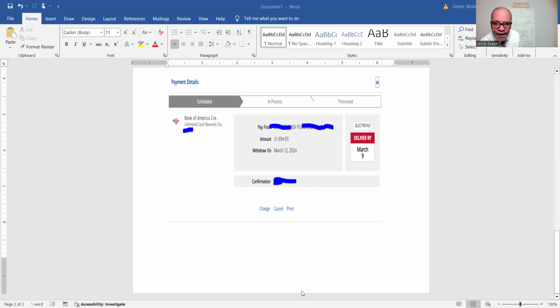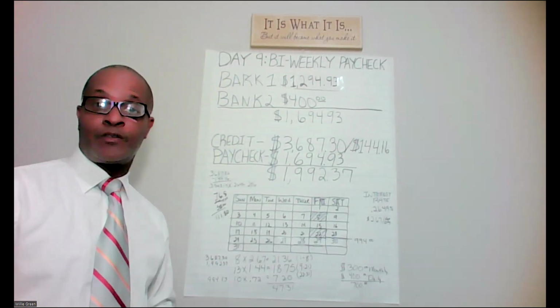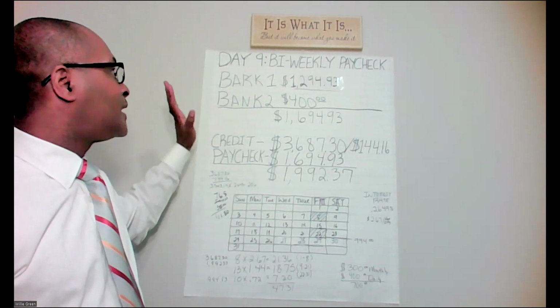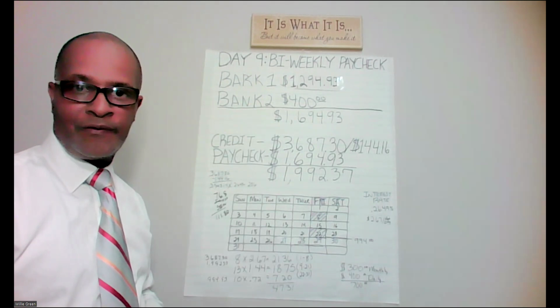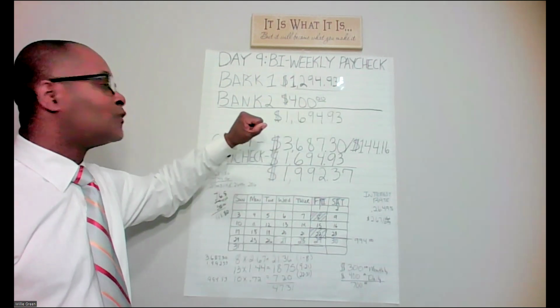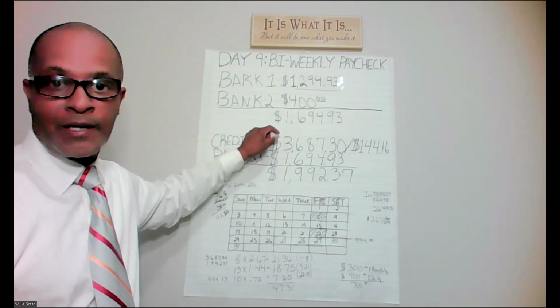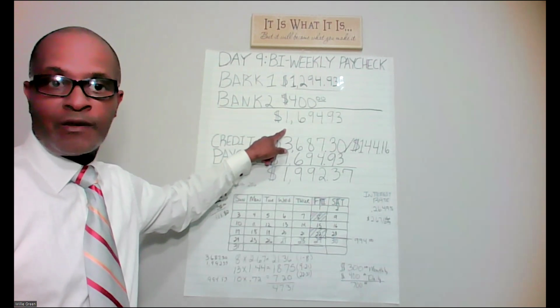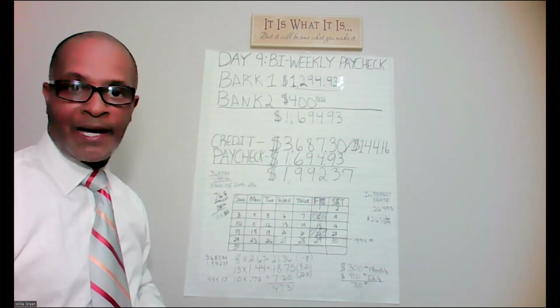All right, now let's get back to the whiteboard. Here on the whiteboard is day 9. I received the paycheck on the 8th. 1294.93 went to one bank as mentioned, and $400 went to another bank. That gives you a total of $1694.93 as my cash.